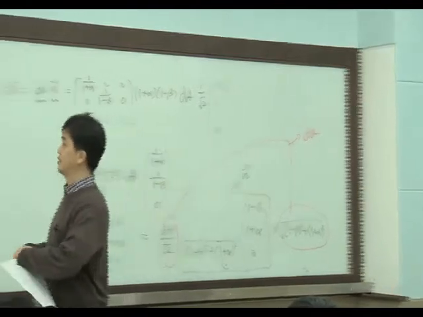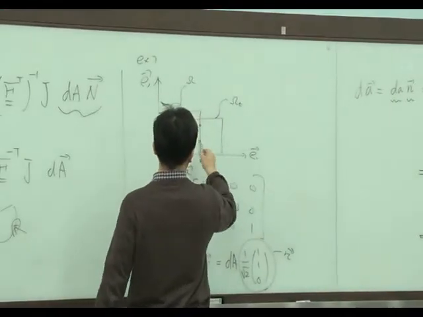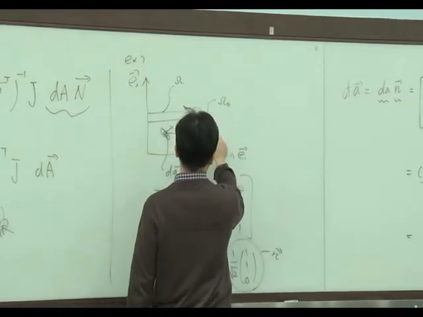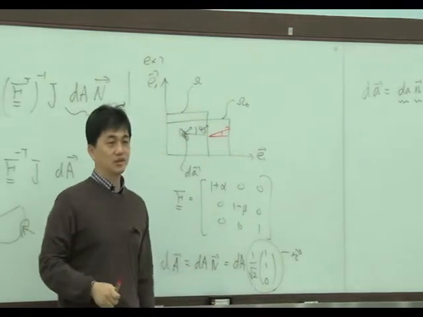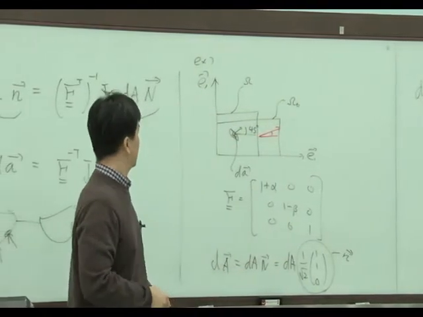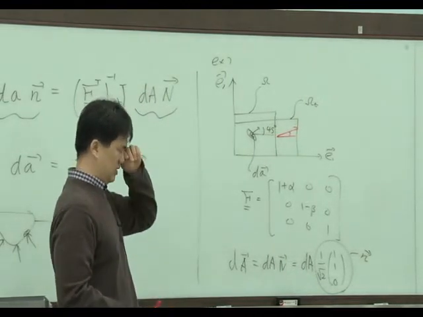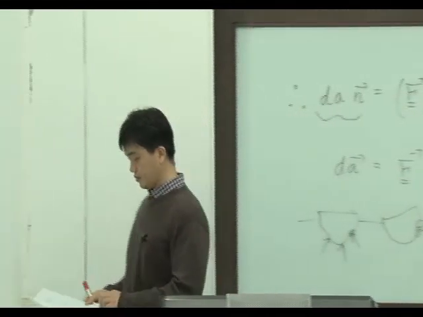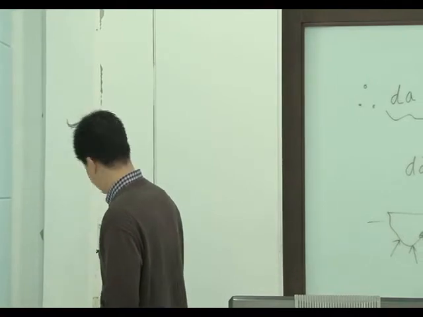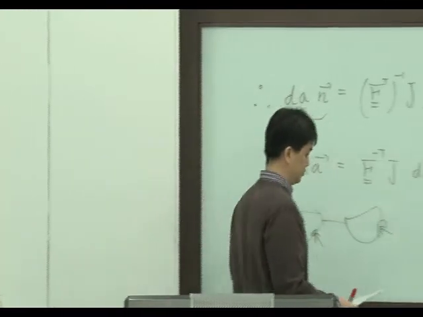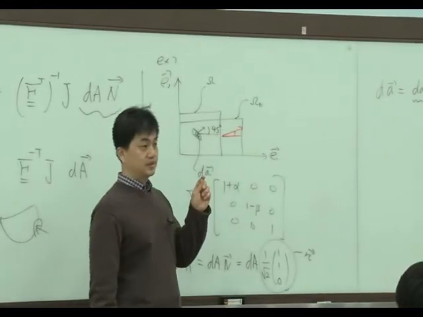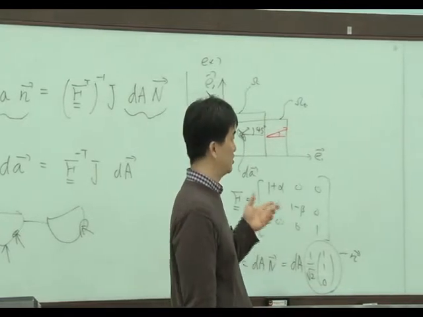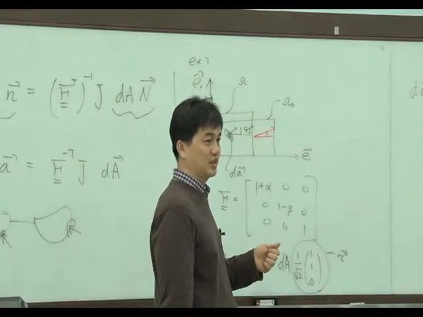So originally 45 degrees, and after changing, the degree will be reduced, right? So this is just geometry, right? This is the result from all the geometry, right?